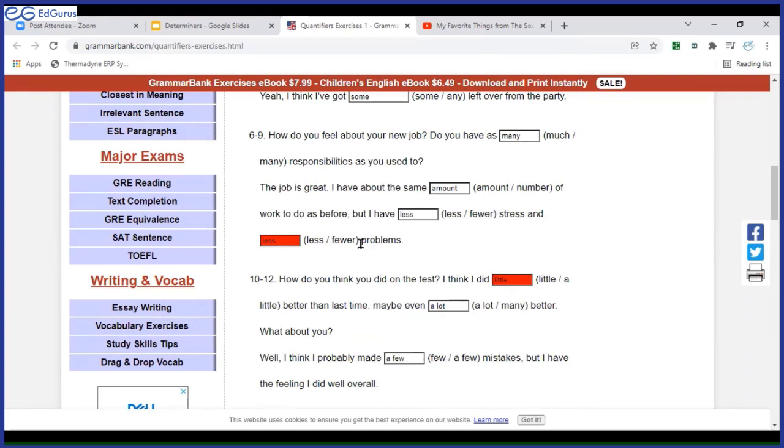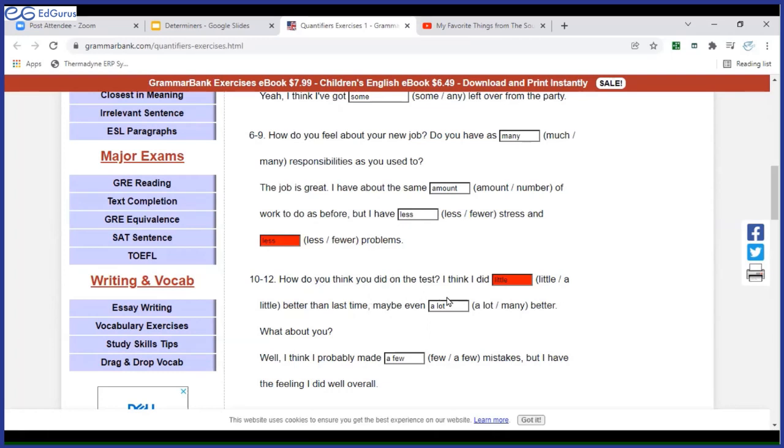There is less water in the jug, but there are fewer glasses of water. Because glasses are countable, but water is not countable. Similarly, problems are countable, so we were supposed to use fewer.